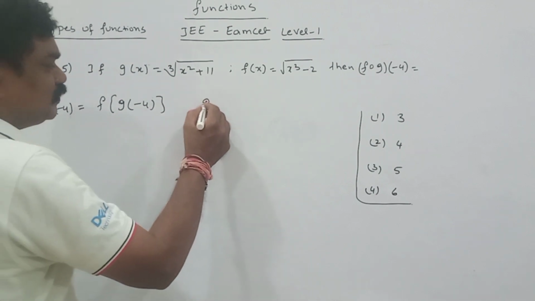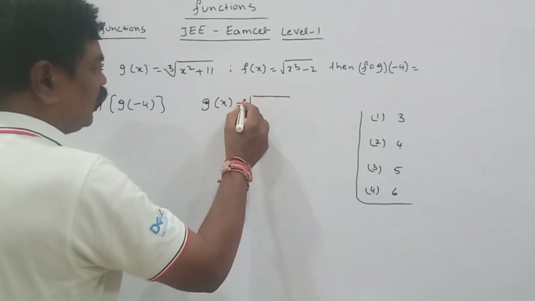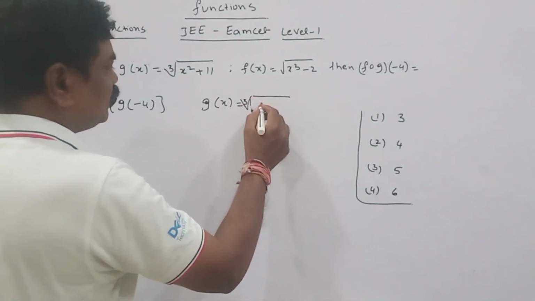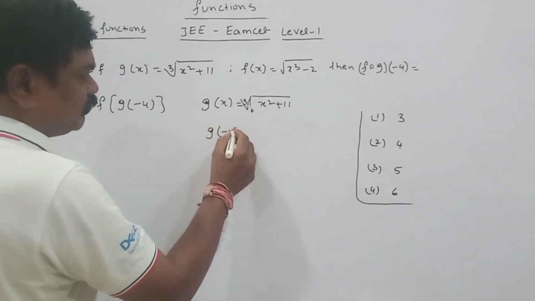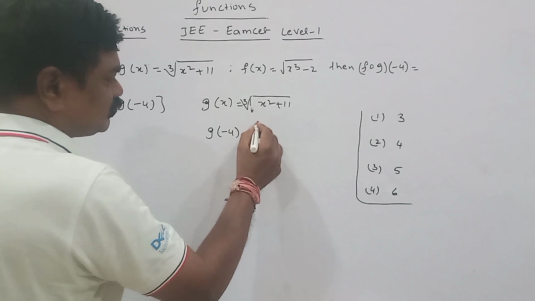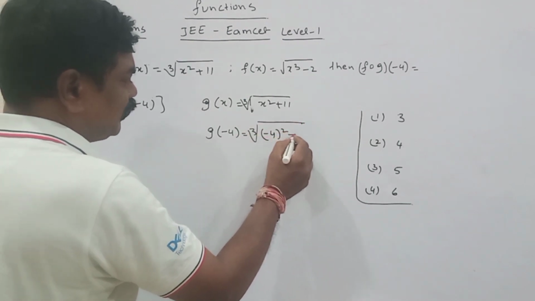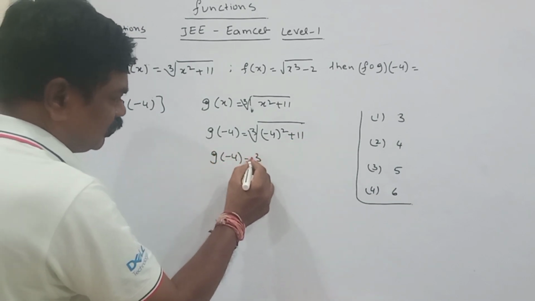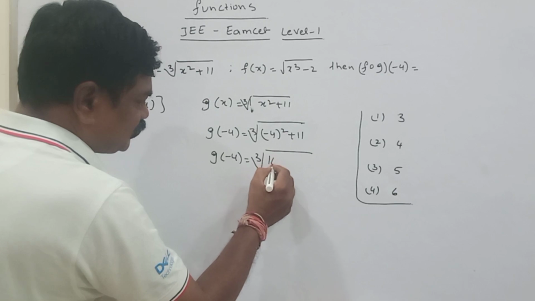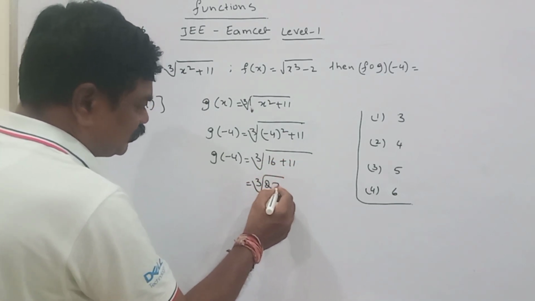But what is g of x? G of x is equal to cube root of x square plus 11. So g of minus 4 is equal to cube root of minus 4 whole square plus 11, which is cube root of 16 plus 11, equal to cube root of 27.